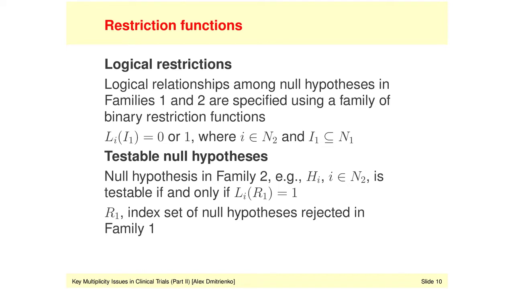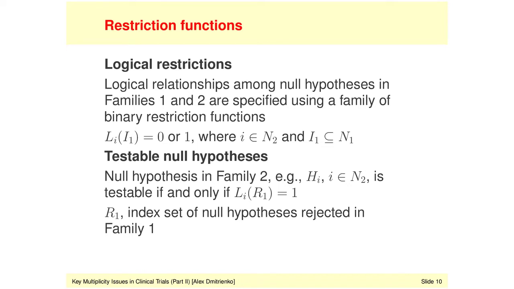Now, to summarize, you can see at the bottom of this slide, once we have the appropriate restriction functions defined that correspond, of course, to the predefined clinically relevant logical relationships among the hypotheses, then those functions can be applied in a very straightforward way.